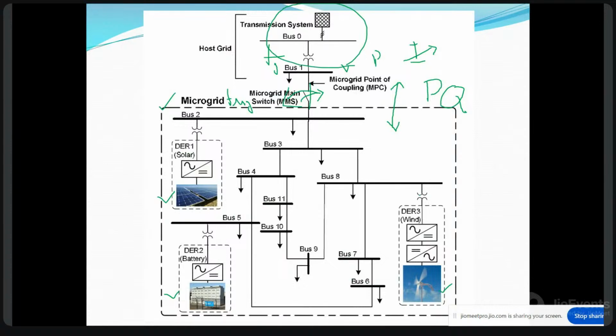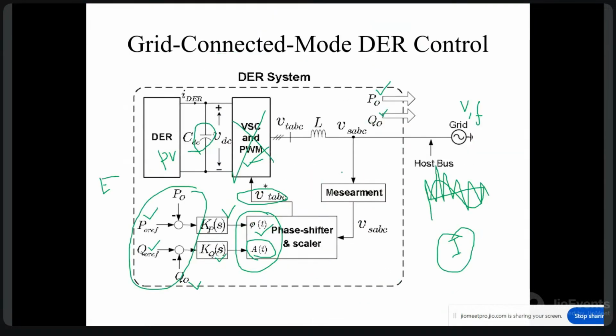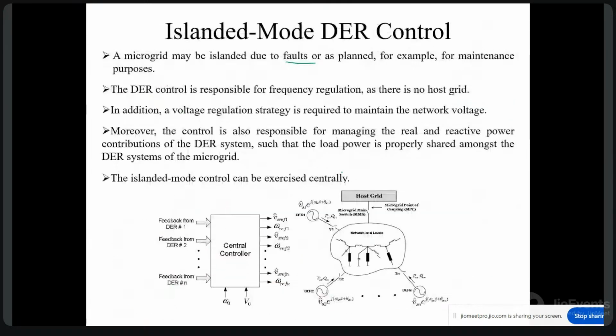If there is a fault, why should I shut down my microgrid? I have generators which can meet the requirement of the loads. So let me get disconnected from the main grid and serve the loads that are connected to my microgrid.